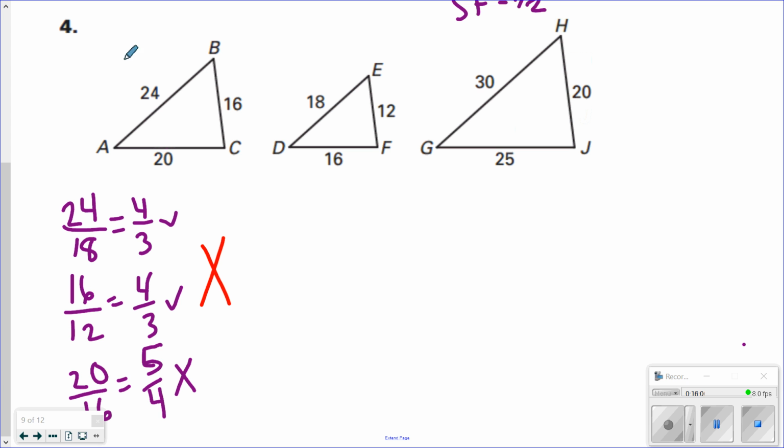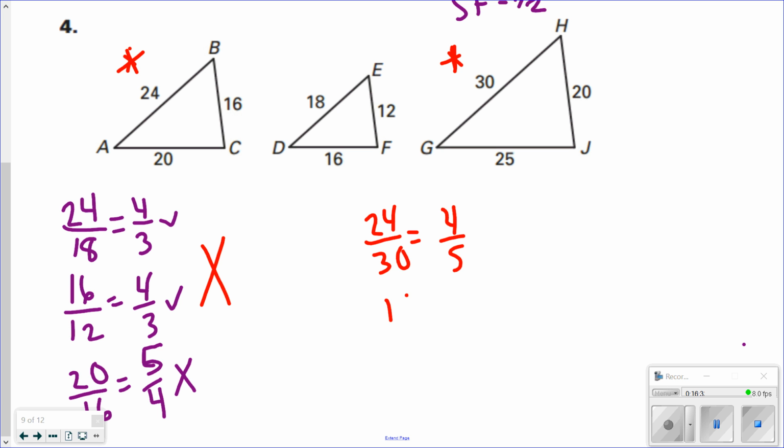All right, so next let's look at the first triangle here and the third triangle. And these are going to be similar. If you just look at the side lengths, you'll get the same scale factor. So I'll do this one pretty fast. 24 over 30, we get 4 over 5.